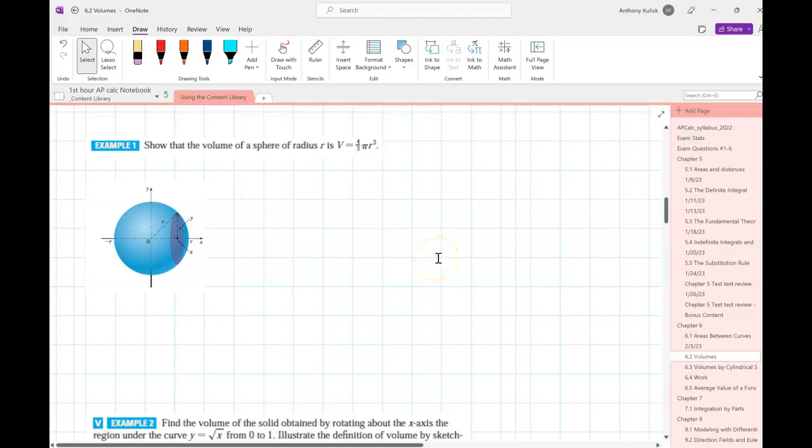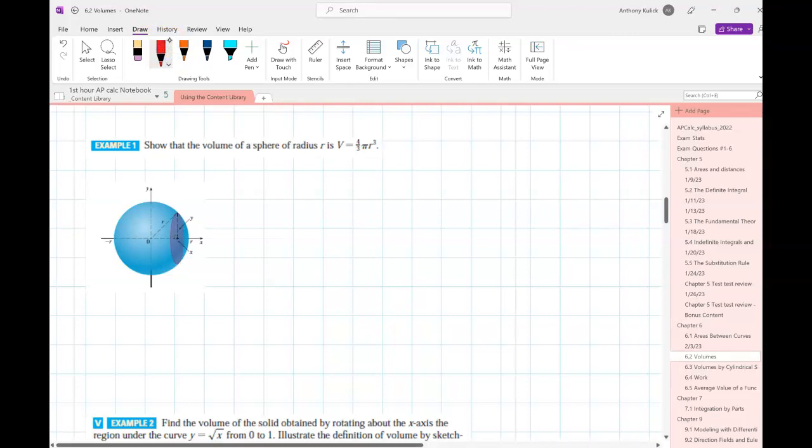All right. Let's say we want to do the volume of a sphere. Now, we know what the volume of a sphere is, right? It's 4/3 pi r cubed. Let's use calculus to derive that.